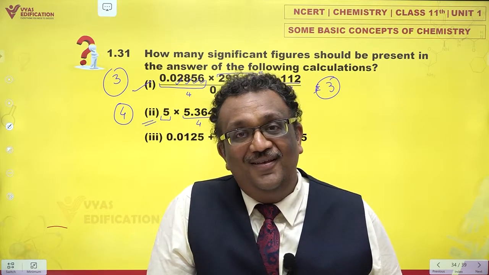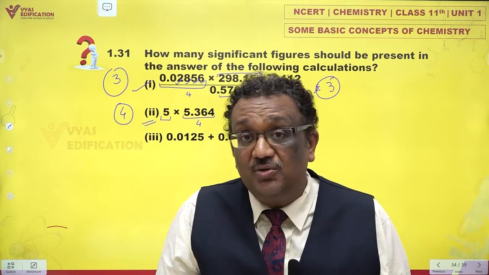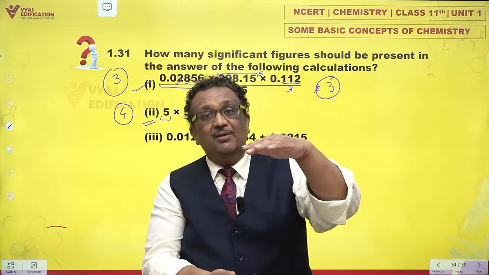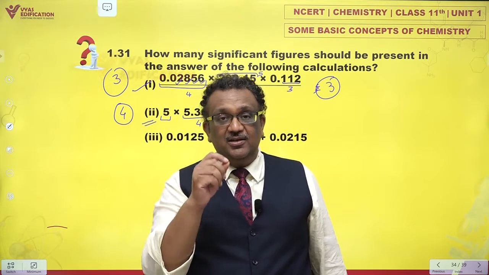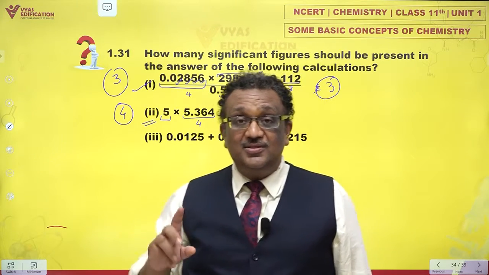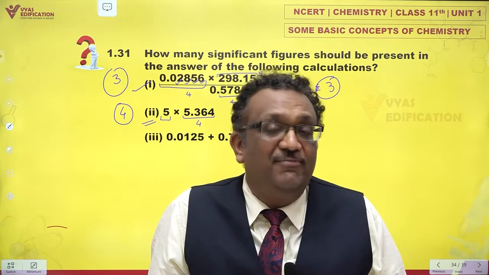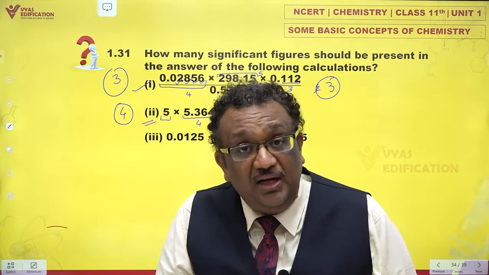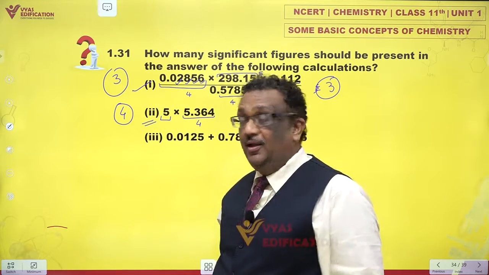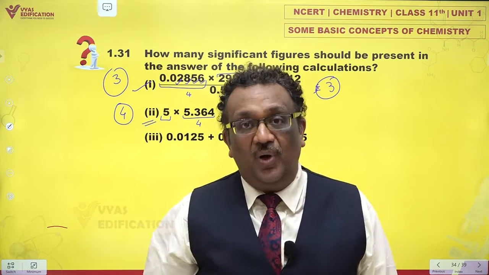If this 5 is the result of some measurement of a physical quantity, say for example, the volume of this sample of water in liters comes out to be 5, in that case this might not be an exact whole number. It could be 5 point anything also. In that case, the number of significant figures of this would be 1. And in that case, the answer would change from 4 to 1.